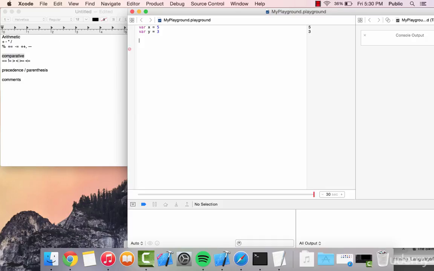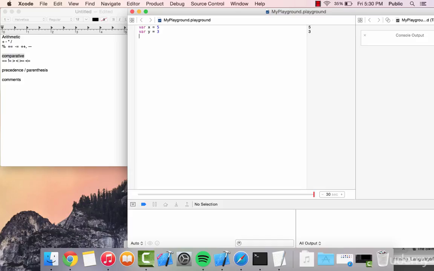Greater than, less than, less than or equal to, greater than or equal to. Those all do what you expect, and we've used these before in if-then statements. Okay, but the key thing is that they take two values and evaluate to a Boolean value, and this Boolean can then be used in, say, an if statement.